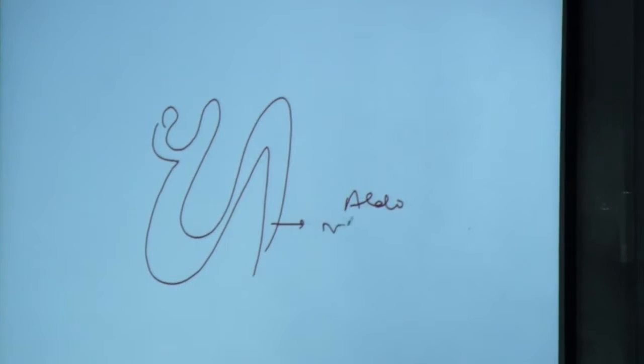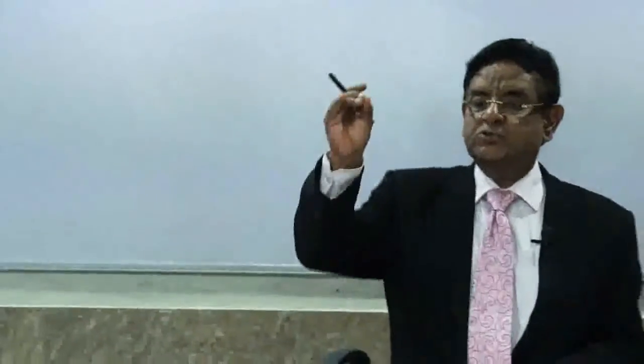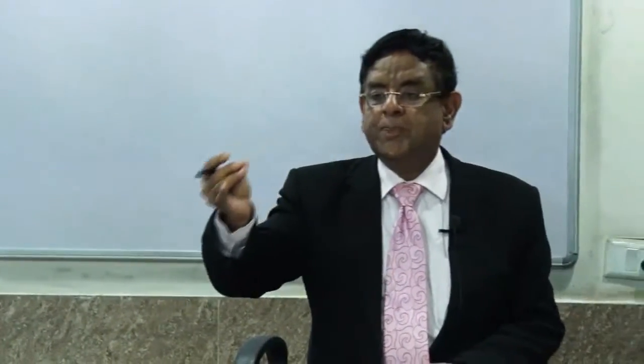Aldosterone comes. What does it do? Normally it absorbs 2 sodium. 2 positive particles have been absorbed. As per the law of electroneutrality, body has to throw out 2 positive particles. There is no discount, no concession. So normally body excretes 1 H+ and 1 potassium.